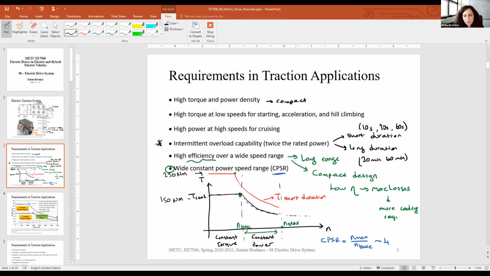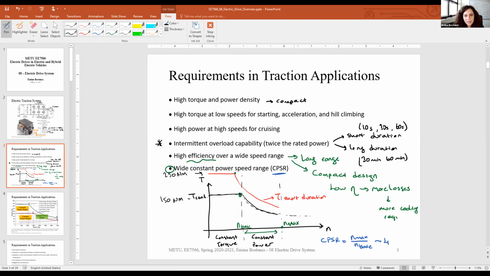So one thing that you can observe from electric vehicles is the fact that many of them have a limited maximum speed. So they limit their speeds around 150 or 160 kilometers per hour, because it is not so easy to design a machine from which you can go to high speeds by keeping the power constant.